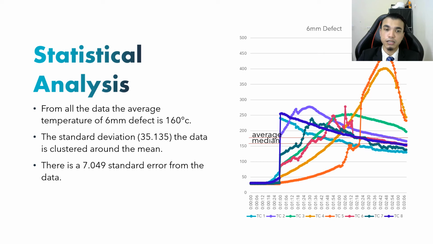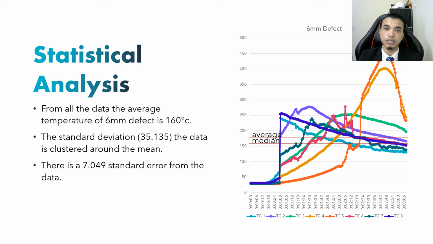And there is 7.049 standard error from the data. From this analysis, you can see the highest point is 438 degrees Celsius. And by using statistical analysis, it shows uncovered patterns and trends for the temperature data.